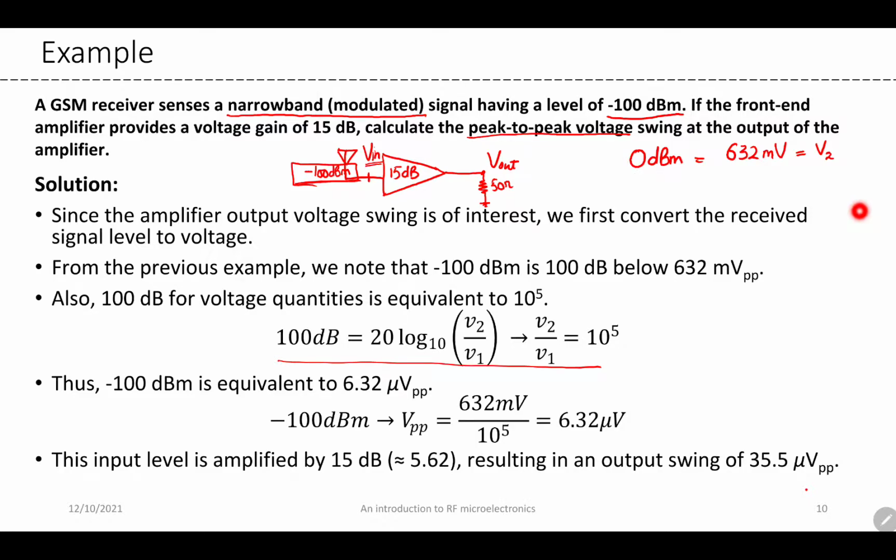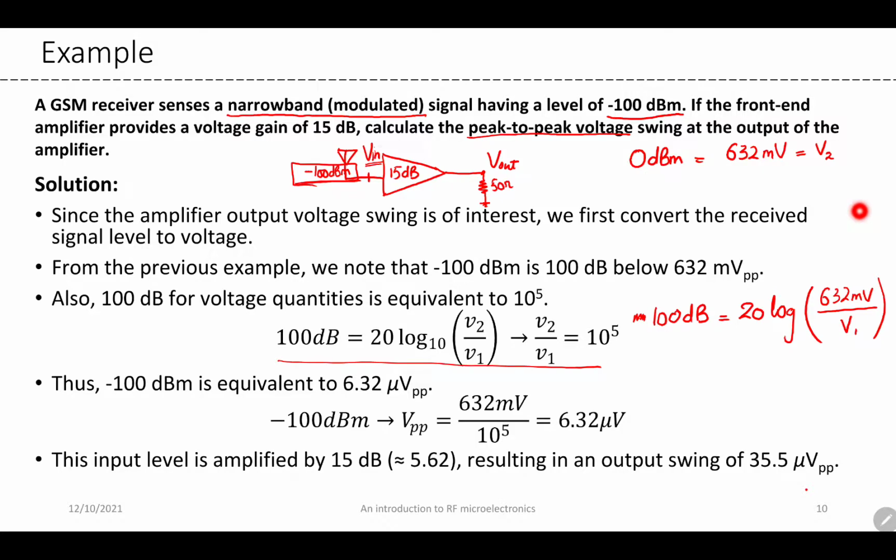So 100 dBs in terms of voltage quantities is 20 log of 632 millivolts divided by the quantity which we want to measure, or if you switch this up, then it would be minus 100 dB. So I want you to look at this and understand where it comes from.